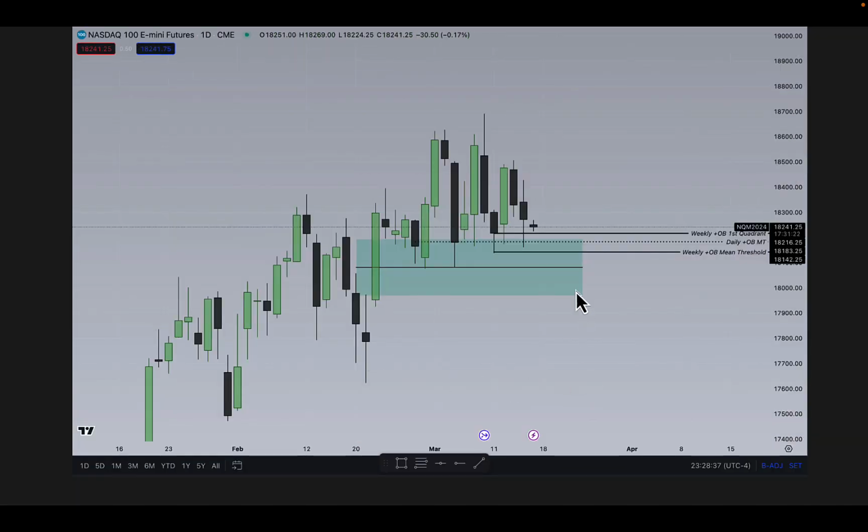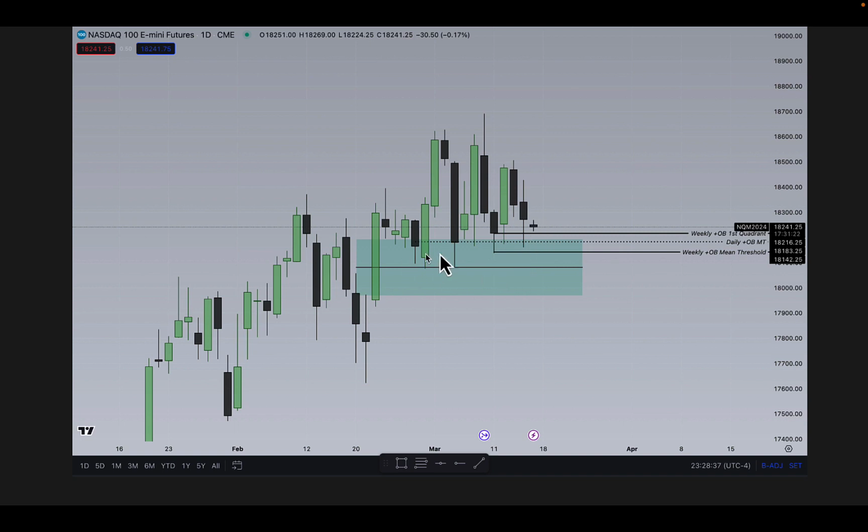So, like I said, midpoint, consequent encroachment of this wick, I don't want to see that taken, or mean threshold of this order block. I don't want to see that taken. So if this gets taken, then going into next week or Friday trading, depending on if we just jump out the door, we do have a new day opening gap here forming Asia.